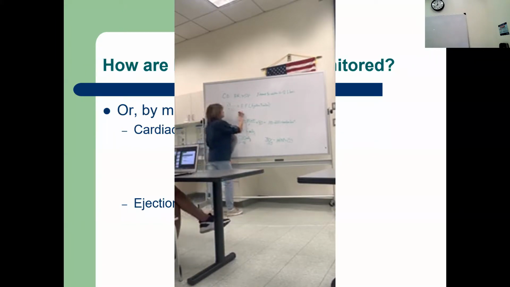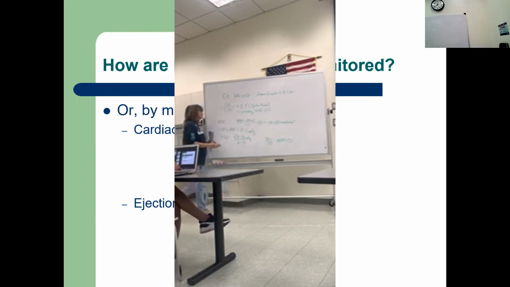And then normally it's 55% to 60%. So a healthy heart will eject half of the blood volume. When patients have an ejection fraction that's less than 35%, that's considered severe.